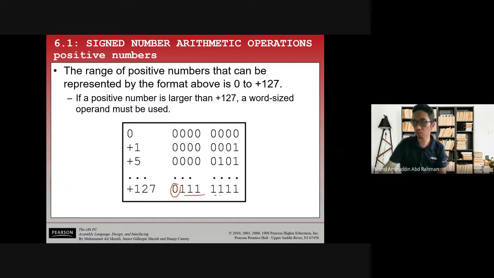So the rest are used for the numbers. So it is positive, but if it is all 1s, 1111 1111, it will be minus 127.